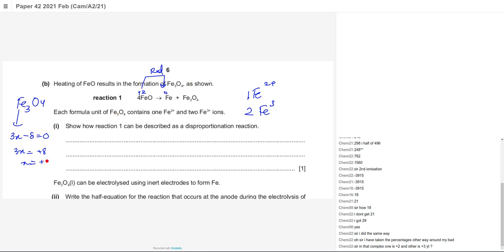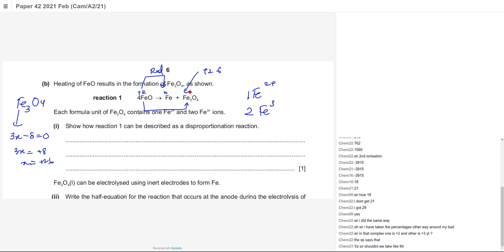So here you can notice the oxidation number has increased to 2.6. So there is a simultaneous increase and decrease in the oxidation number. That's why it is disproportionation. You can say iron has increased and decreased its oxidation state simultaneously.